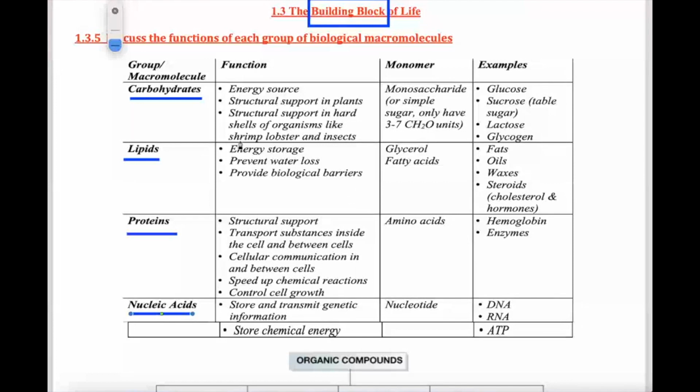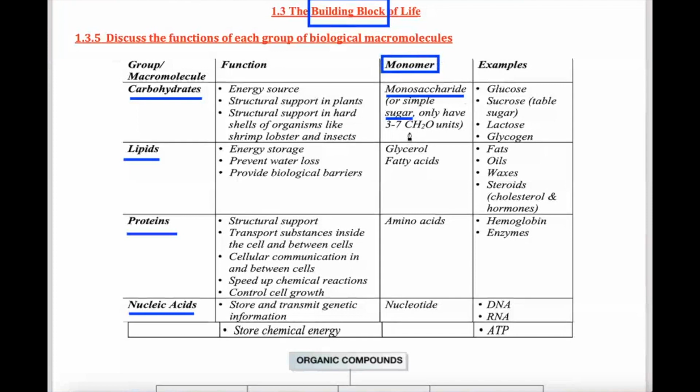Then, before going into the function, we must learn their monomer. You should not always learn the function first. Learn the monomer first. Carbohydrates are made up of monosaccharides or sugar. So if they ask the monomer of the carbohydrate, you should say that it is sugar or a monosaccharide.